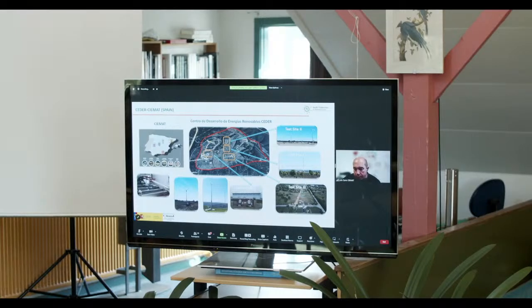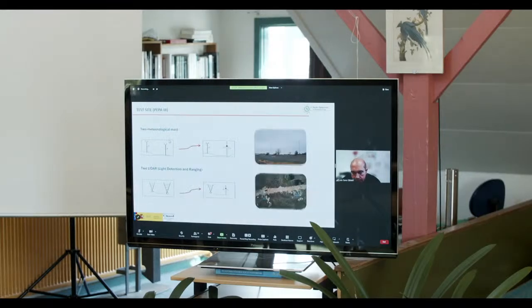We have 5 positions where we can measure and test small wind turbines up to more or less 100 to 150 kilowatts, with different wind resource regimes, from class 4, for example test site 5, test 43, where the 100 kilowatt wind turbine is installed, to other positions with class 1 wind speed.